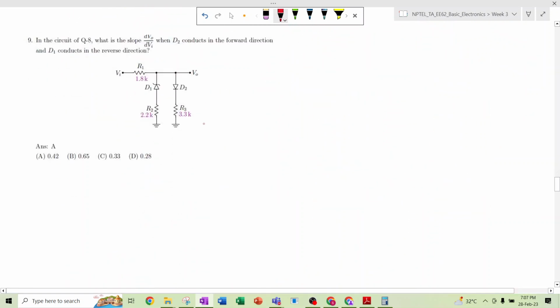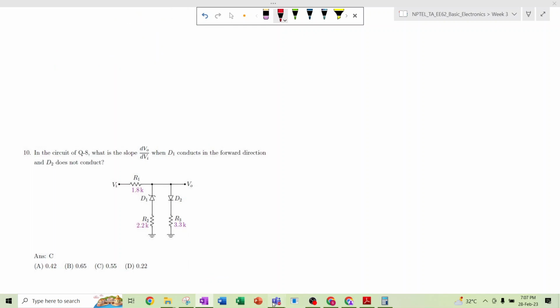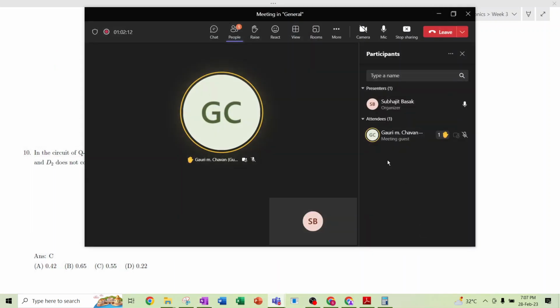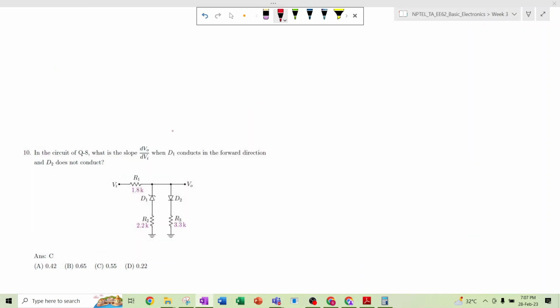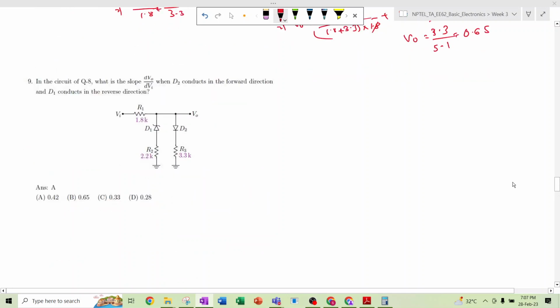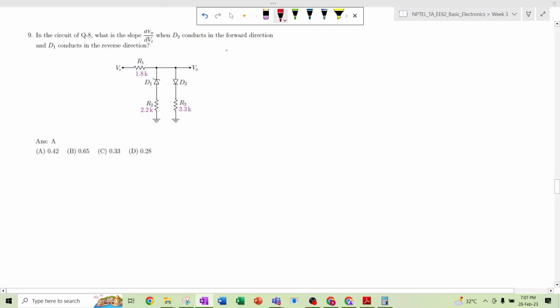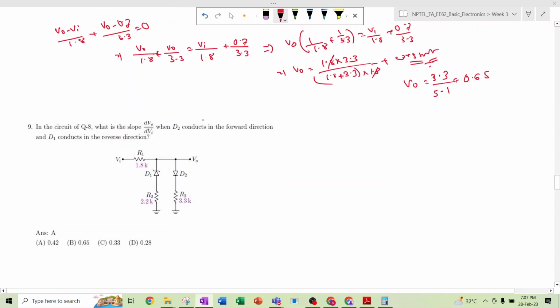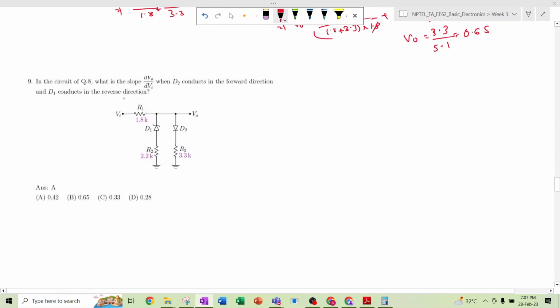Okay, so do you have any question? No, sir. Okay, so in the second case it is asked what will be the slope, the same dVO versus dVI, when D2 is conducting in the forward direction and D1 is conducting in the reverse direction.